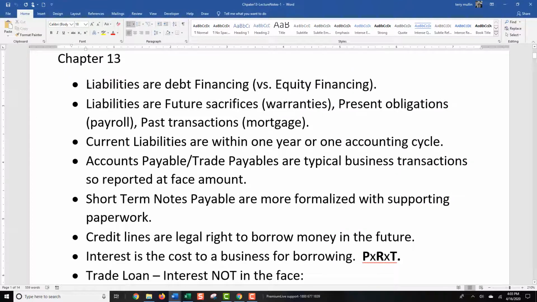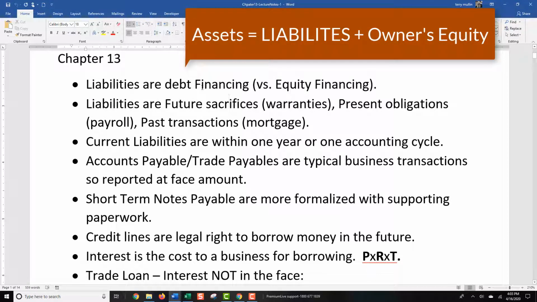So now we turn to chapter 13, and the first thing to point out is that liabilities are debt financing. So when we looked at assets equals liabilities plus owner's equity, liabilities are the fact that we're using other people's money to fund our assets.